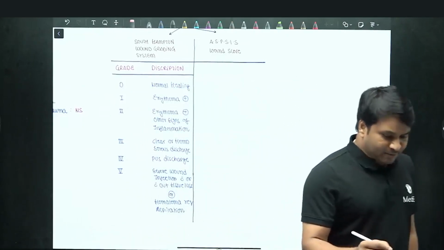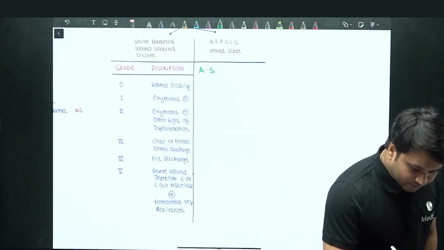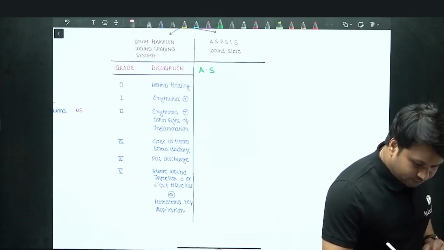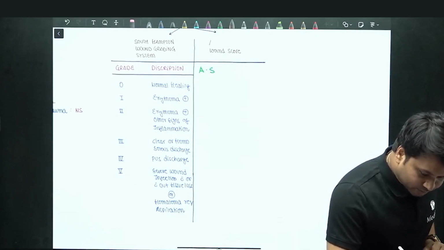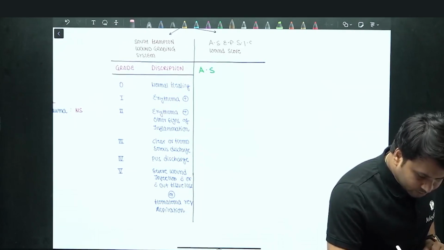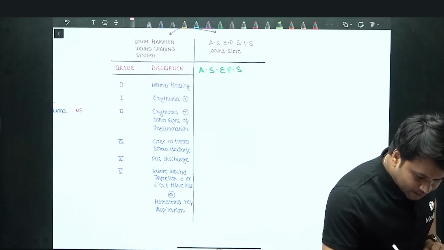Now in the ASEPSIS wound score, ASEPSIS itself is a mnemonic.